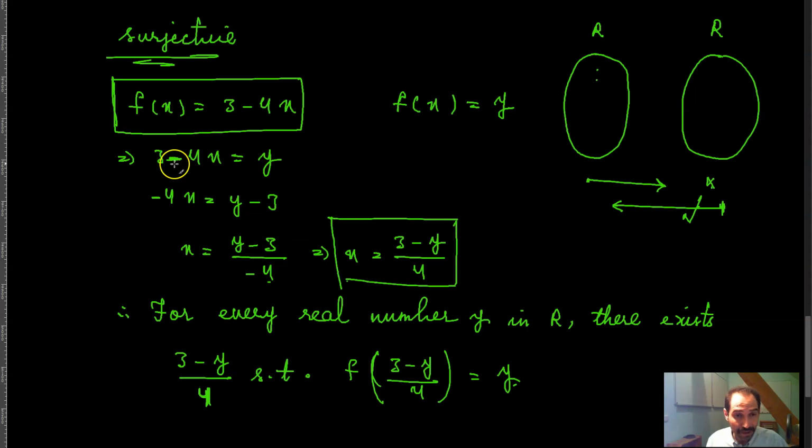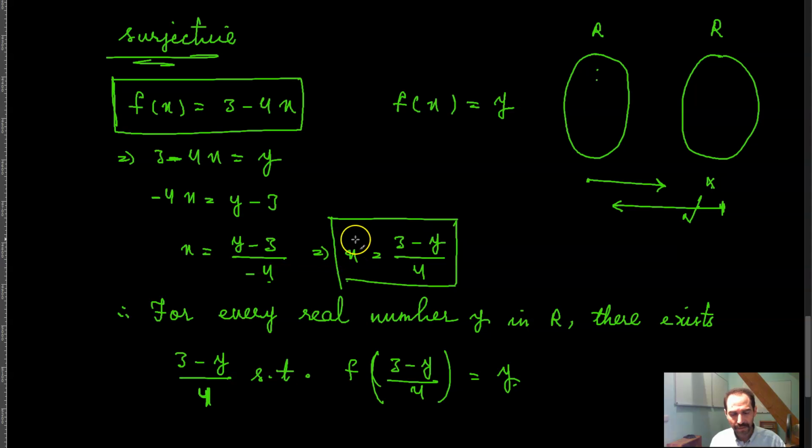I write 3 minus 4x is equal to y, and then I can use some algebra and write negative 4x is equal to y minus 3, or x is equal to y minus 3 divided by negative 4, or x is equal to 3 minus y divided by 4.